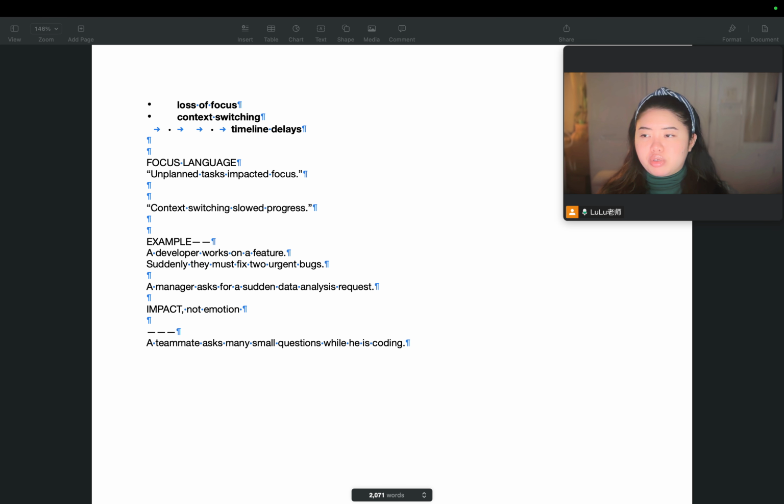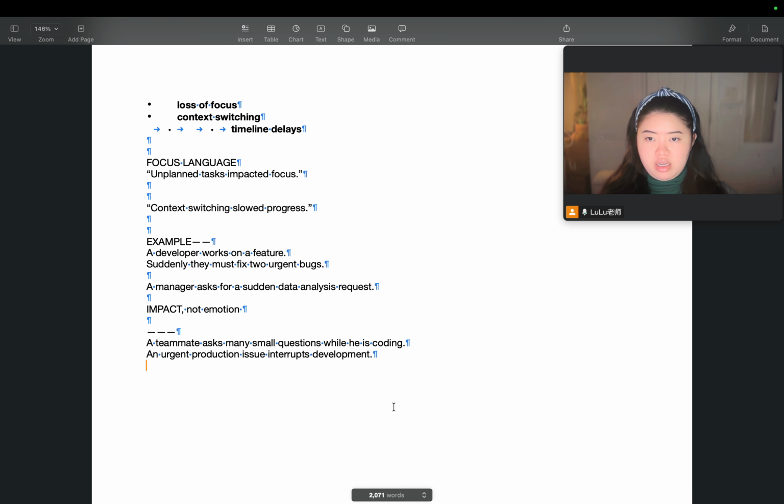An urgent production issue interrupts development. How would you answer that? How would you respond to that? I think this one would be great. Unplanned task impacted development time.